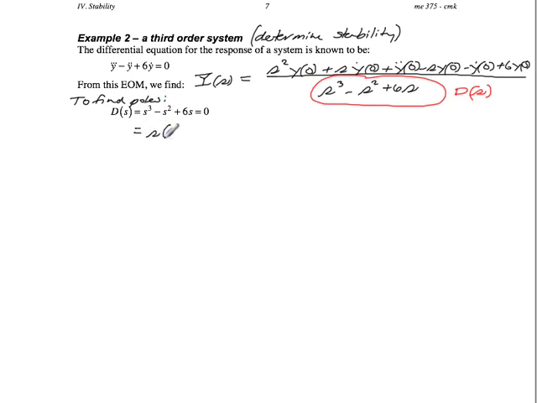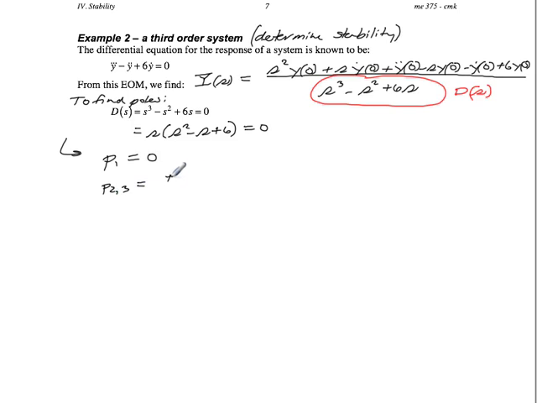We factor out an s from this. We get s squared minus s plus 6. Again, we're looking for the roots, so that's equal to 0. So therefore our first pole, p1, is 0. For the other two roots, p2 and p3, I use the quadratic equation.